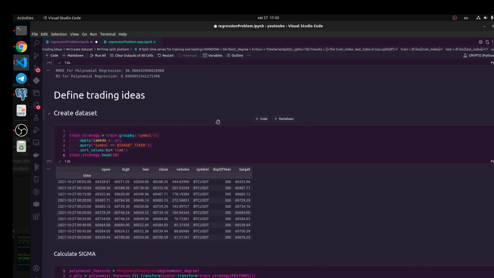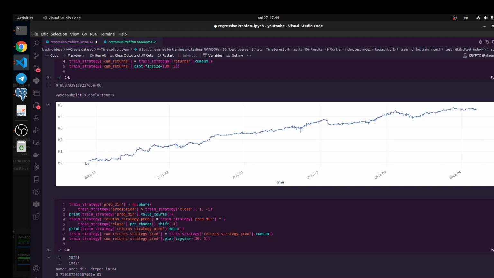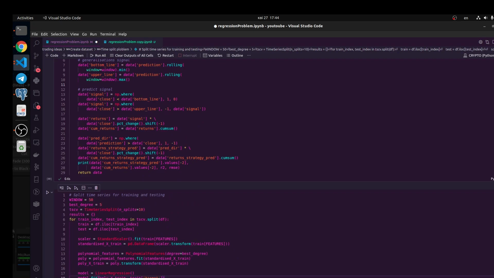This is another format, a simple format for a pandas data frame where we have open, high, low, close, volume features, and the target would be the next time lag. For example, we're going to predict what happens in the next step. And when we do it, we split.